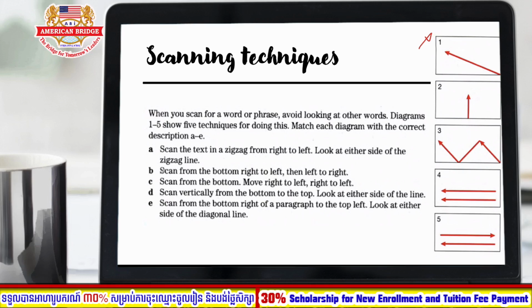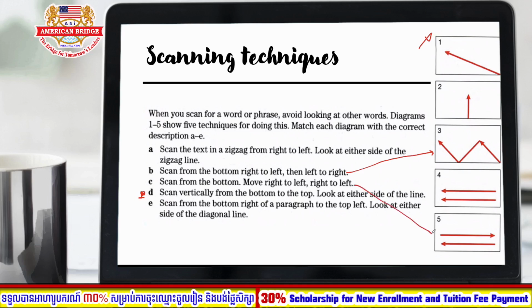Okay, here letter D is number 1. You scan vertically from the bottom to the top. Oh no, sorry, this is not correct. Look at the sign of a diagonal line. Scan from the bottom to left, then left to right. So this one is number 3, scan from the bottom, move right to left, left to right.